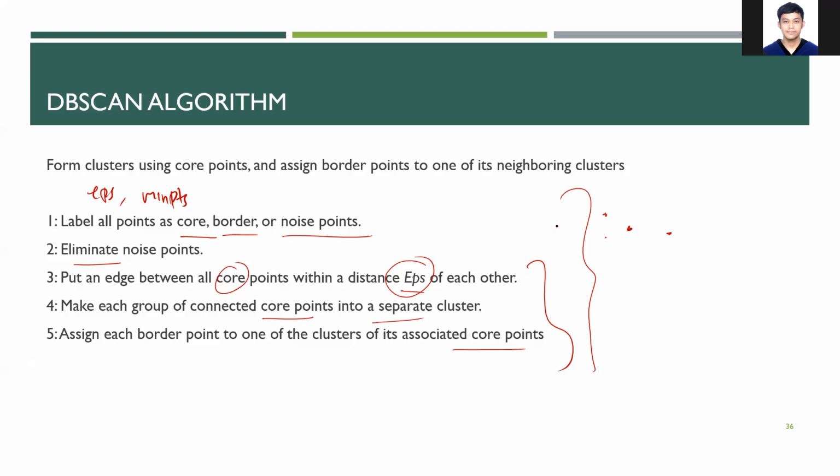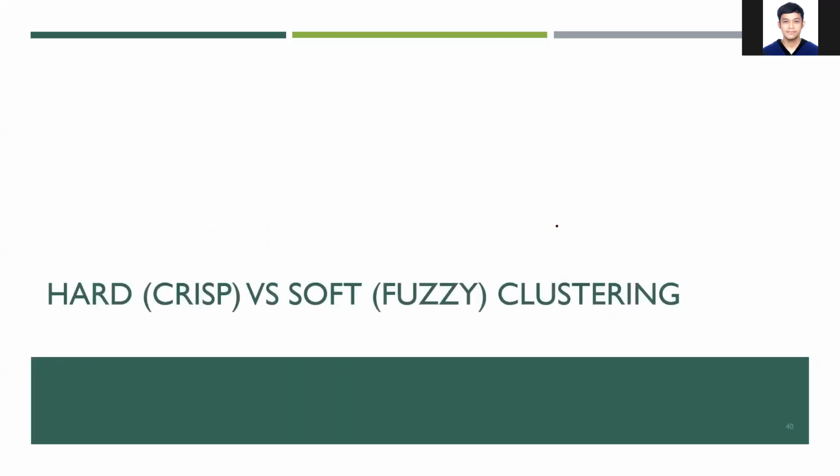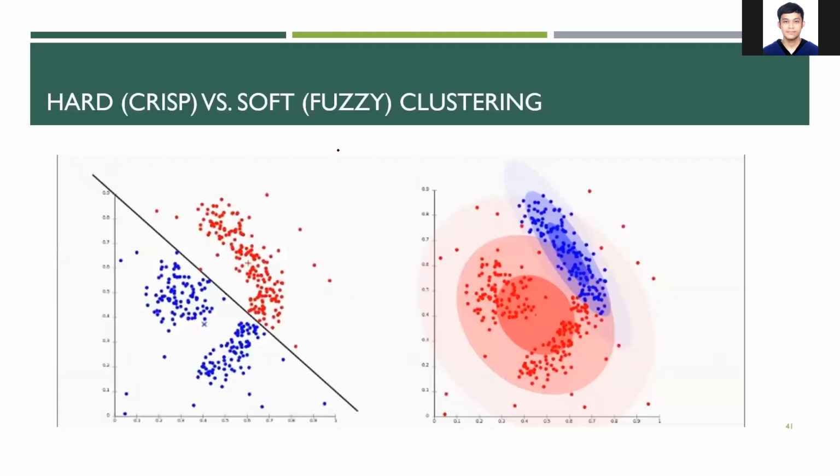I will continue directly to fuzzy and hard clustering, because I think you can also explore fuzzy clustering instead of only hard clustering. So far, we only learned about hard clustering. Hard clustering means that one data point only belongs to one cluster.